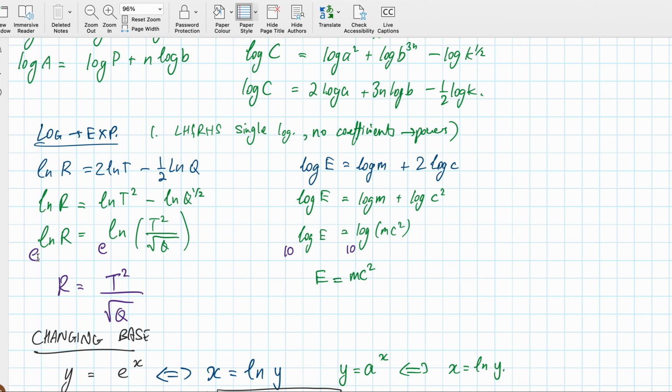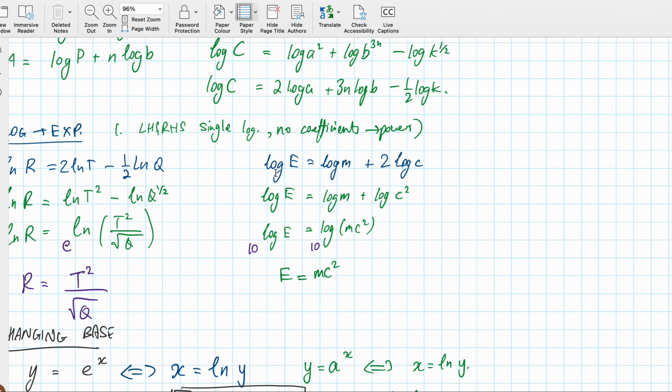Now we know that e to the power of ln, they undo each other. So we're just left simply with R and what's in these brackets here. So the answer is R is equal to T squared on root Q. And that's our answer. Another way of looking at it is if these are the same natural logarithms, then the insides must be equal. You can think about it either way.